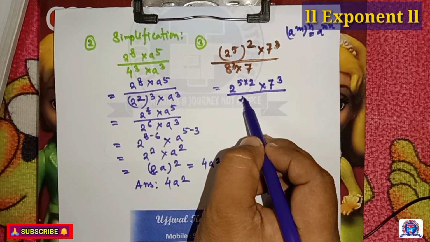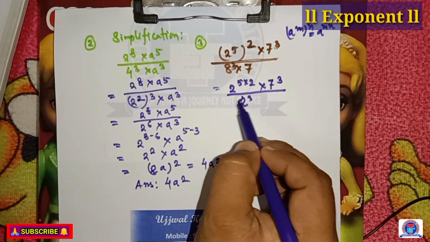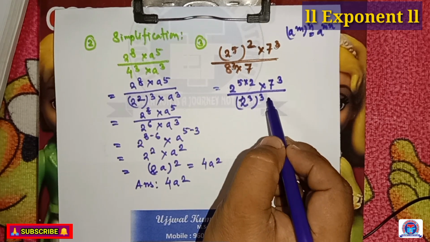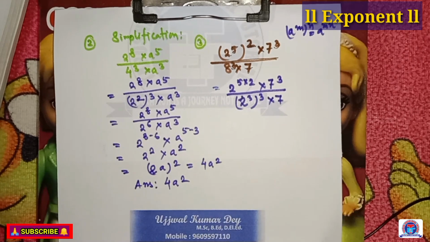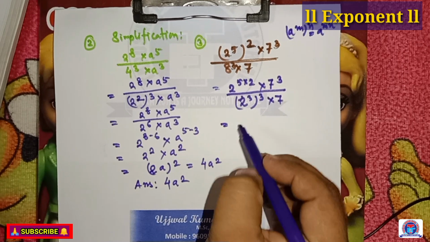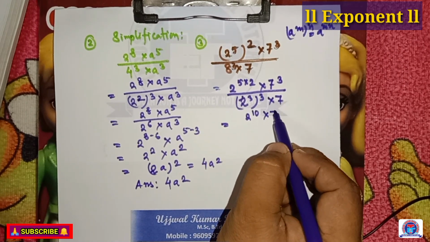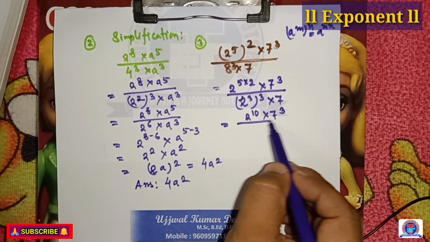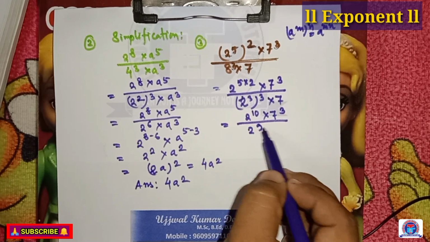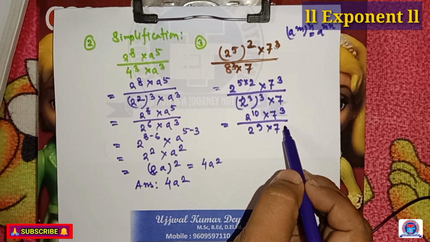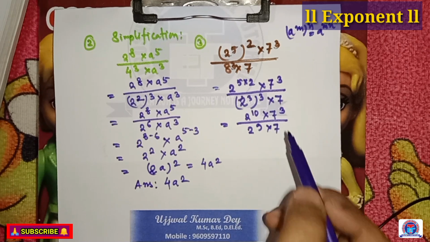that means we can write 2 to the power 3 whole to the power 3 into 7, right? So next term we can write 2 to the power 10 into 7 to the power 3 divided by 2 to the power 9 into 7, that means 7 here.